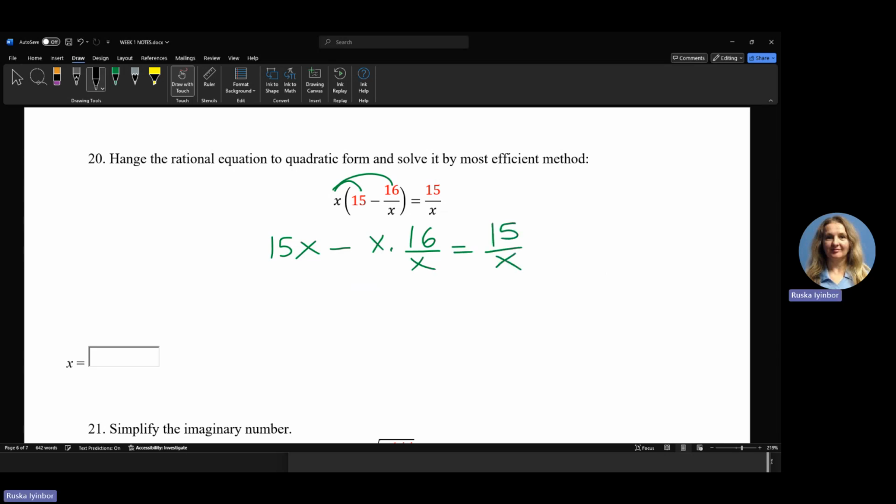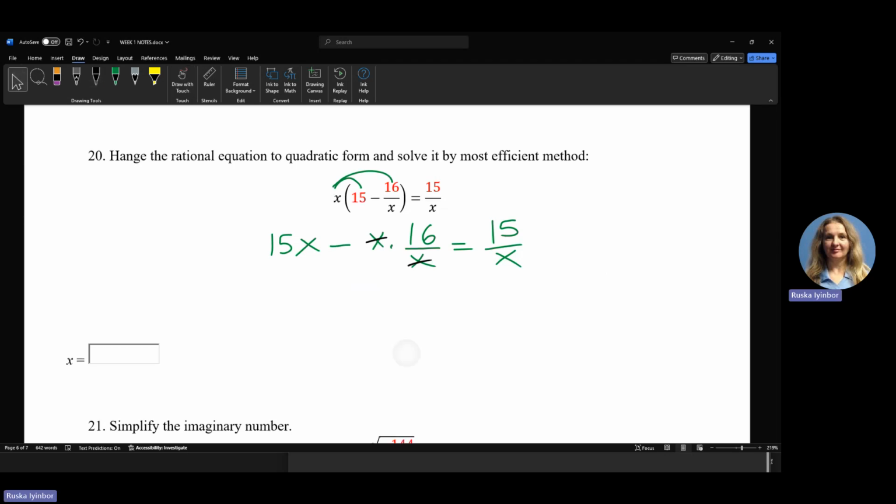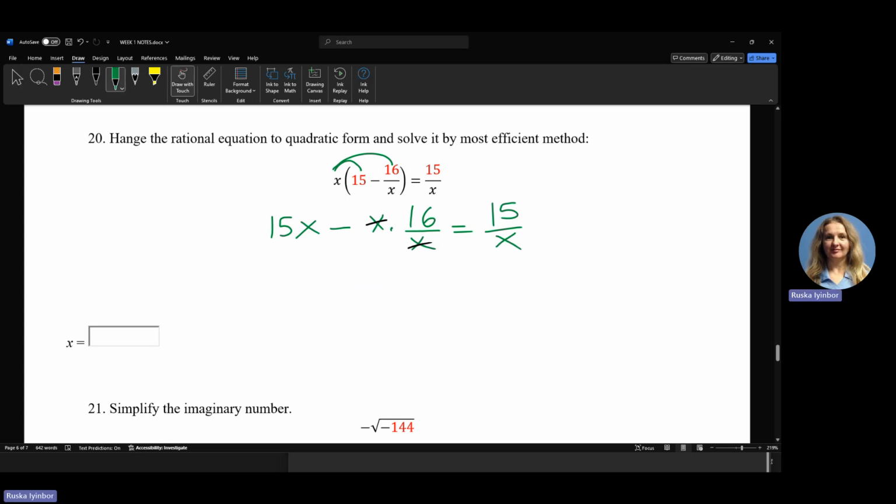Now what's happened here is this x and this x cancel out. But we still have a fraction, right? So we're going to copy what is left, 15x minus 16 equals 15 over x.